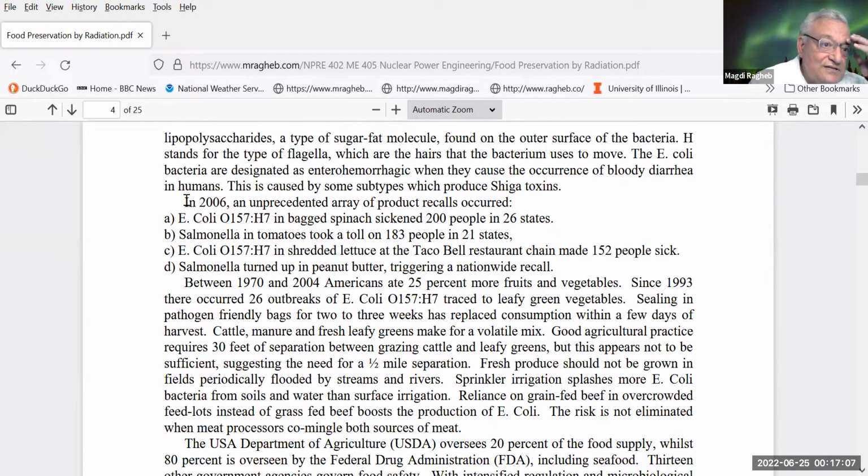One very interesting aspect that you should all be aware of is that in 2006, a new mutation happened in a very common bacterium, the Escherichia coli O157:H7. It has had a mutation that exists right now in eggs.